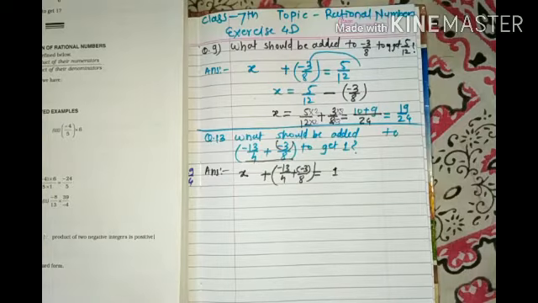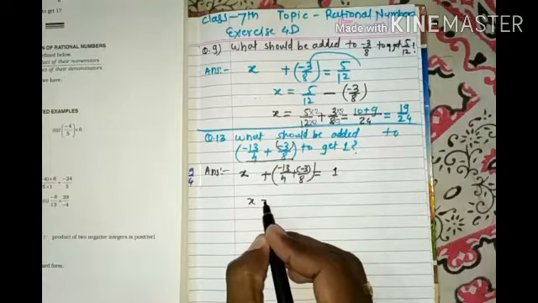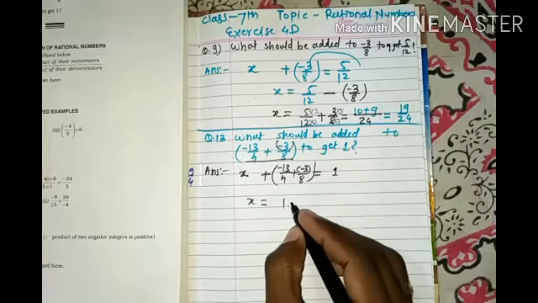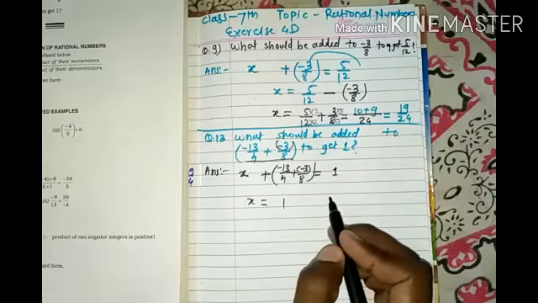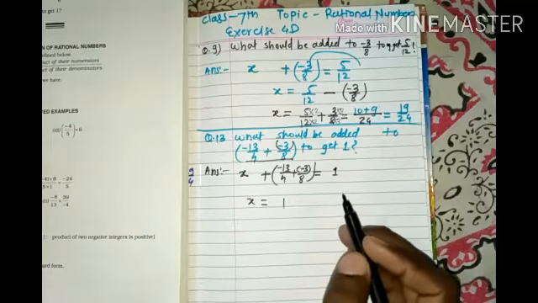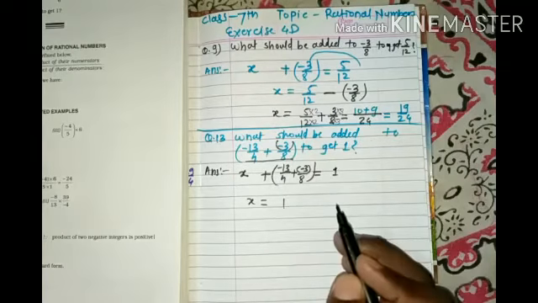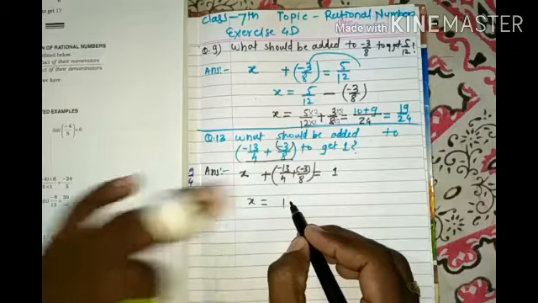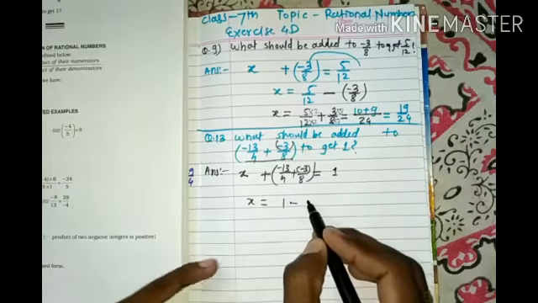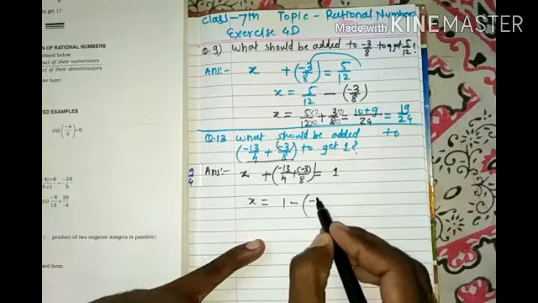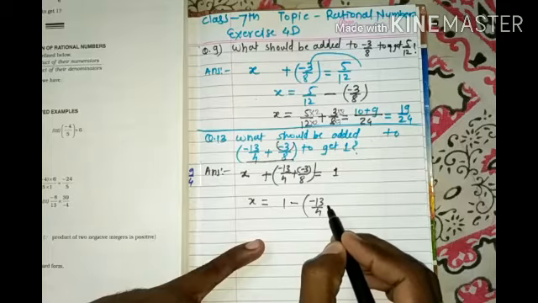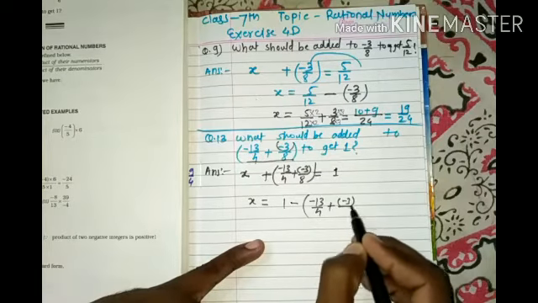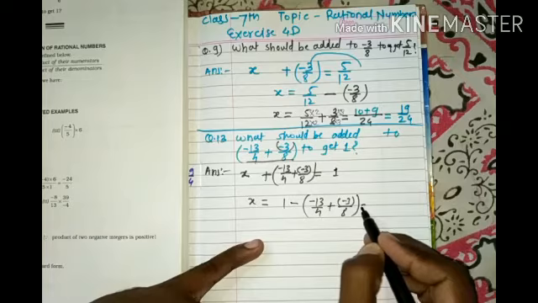Now the next step is shifting. This whole bracket we will shift, or either you can solve on this side and then shift, but I am first shifting and then I will solve. So this plus becomes minus, and it would be minus 13 by 4 plus minus 3 by 8.